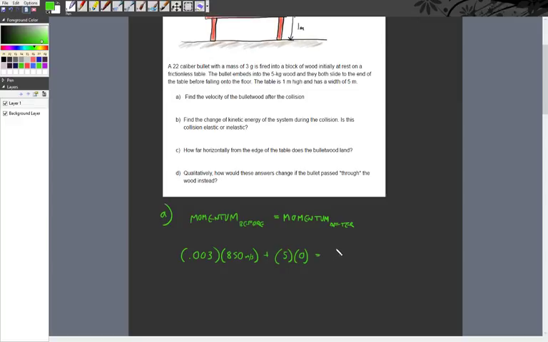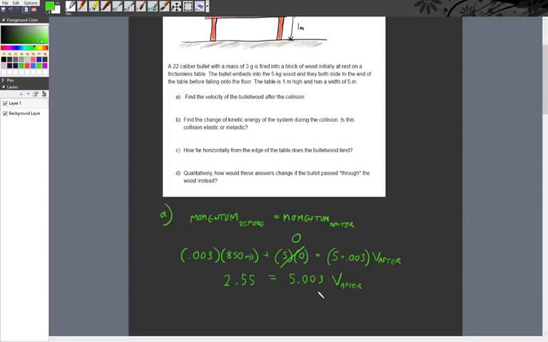is equal to the mass of the bullet-wood combination, which is 5 plus 0.003, times V after. V after is unknown in part A, so we're done with the physics. This is just algebra. The momentum of the block initially is, of course, 0. So all we have here is 0.003 times 850. This is 2.55, positive, equal to 5.003 times V after.